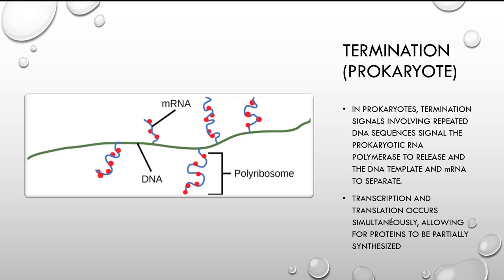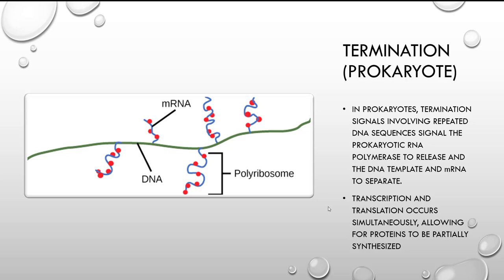While transcription is occurring, the part of the transcript that's already been transcribed, the ribosome can already start attaching to it and translating it. So we can already start making protein while transcription is still occurring. That makes protein synthesis occur really quickly in prokaryotes.